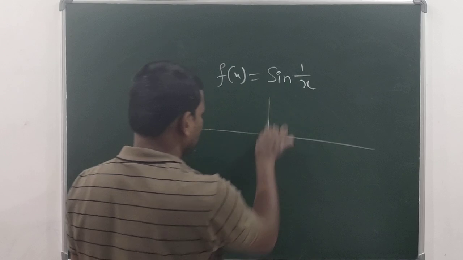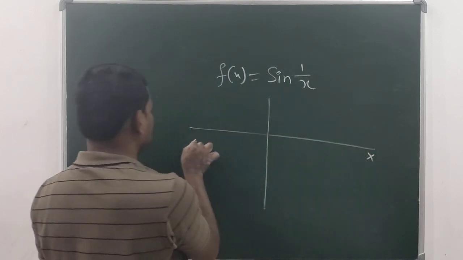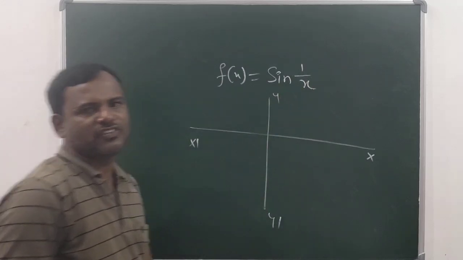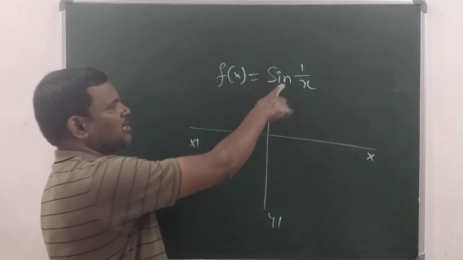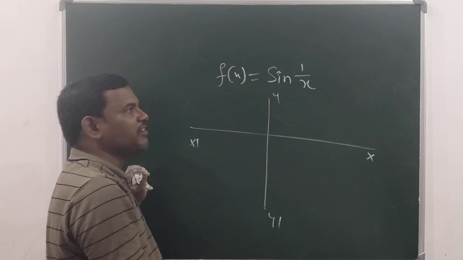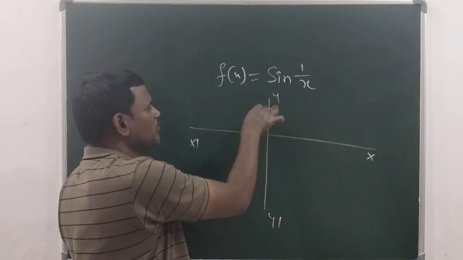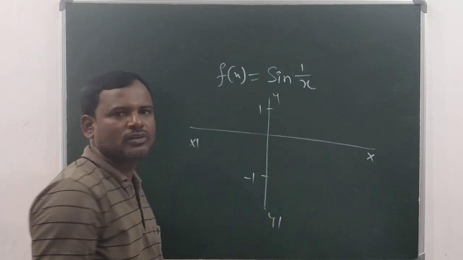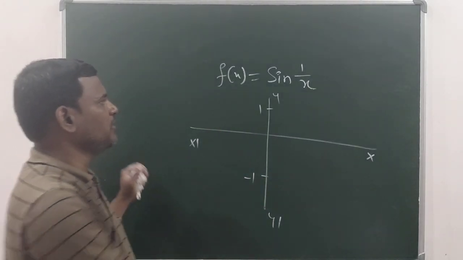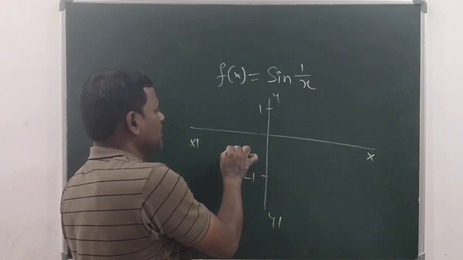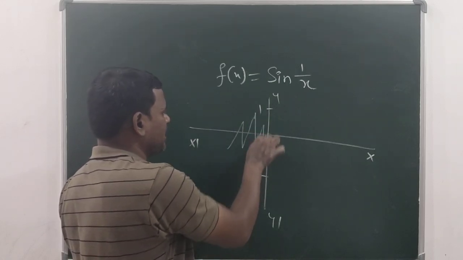If you observe the graph of this function, the domain is the set of real numbers, whereas the range is -1 to +1. If you draw the graph of this, it will fluctuate like this.